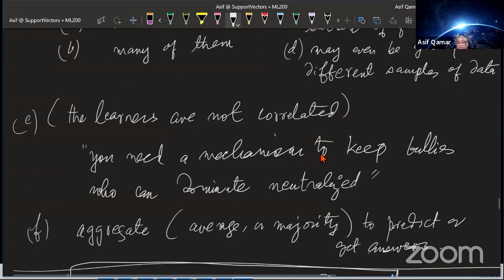Right? At the end of it, you want to make sure that the learners are not correlated. If they are correlated, then the bully feature becomes important. Right? So suppose there is one feature that always misguides. You see, the problem with decision trees has always been that if you make your first split wrong, you get completely screwed thereafter. It's a fatal decision.